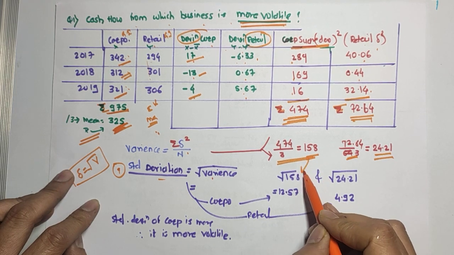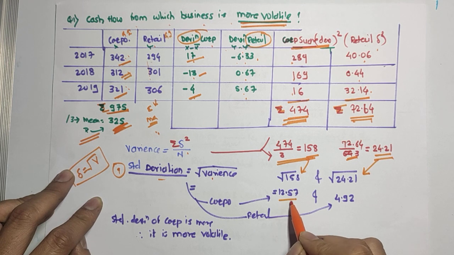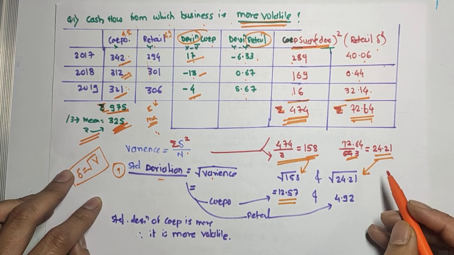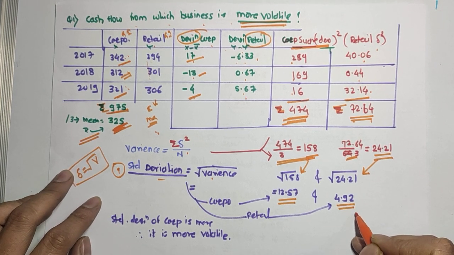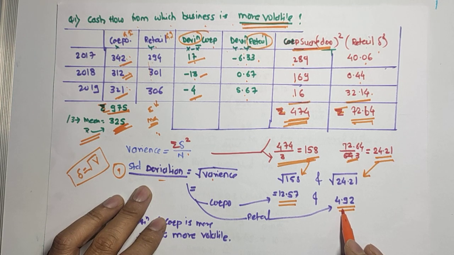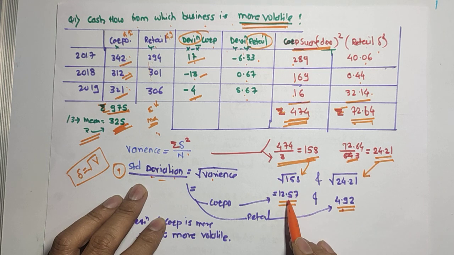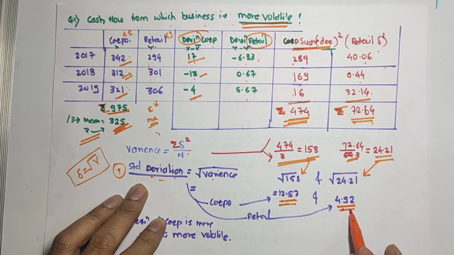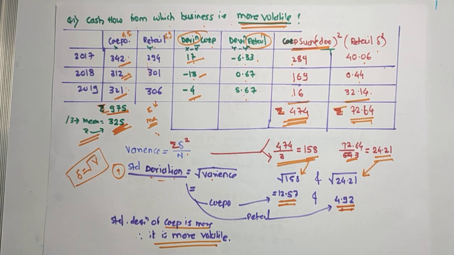You will get 12.57 for corporate and 4.25 for retail. That means we can easily say the deviation for retail is less. The standard deviation for corporate is more and retail is less. That's why we can say corporate is more volatile, because it has more deviation.